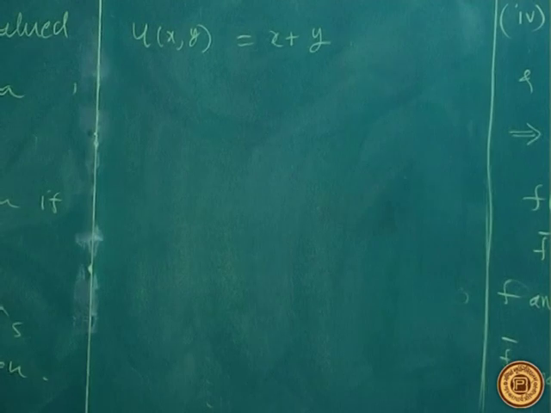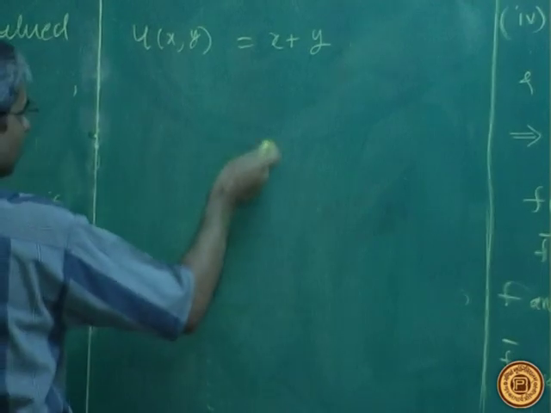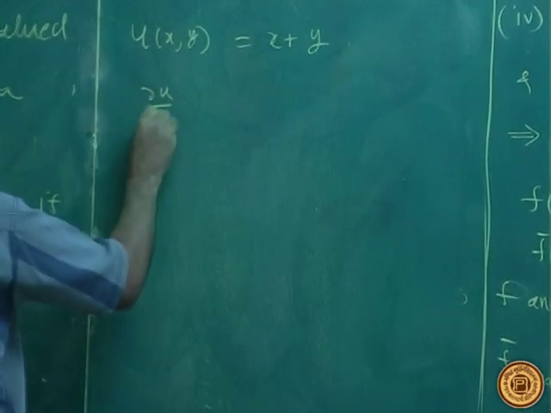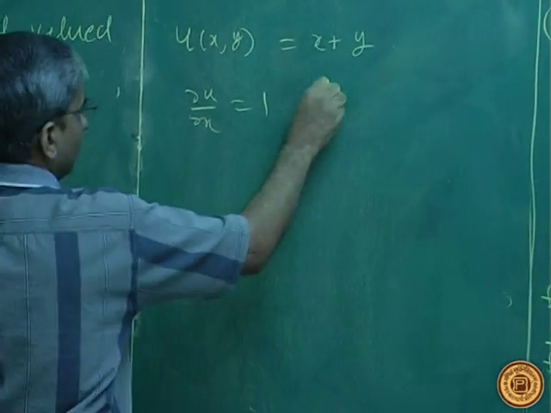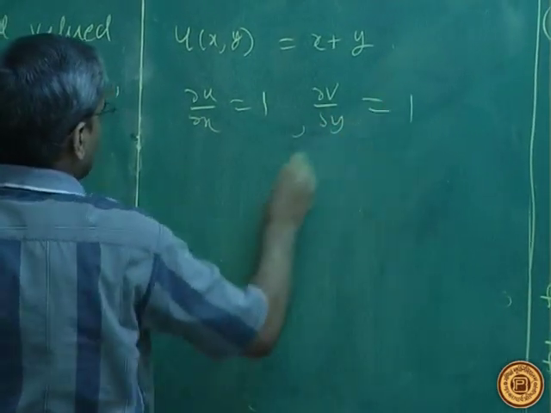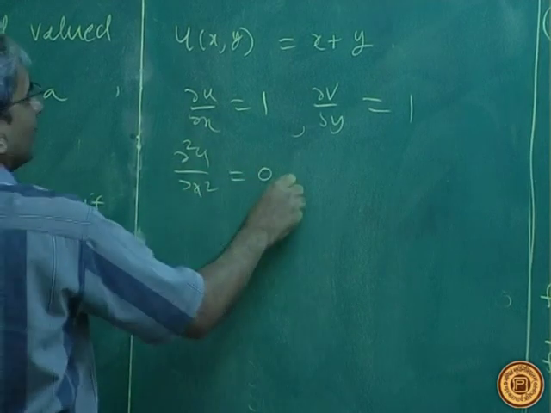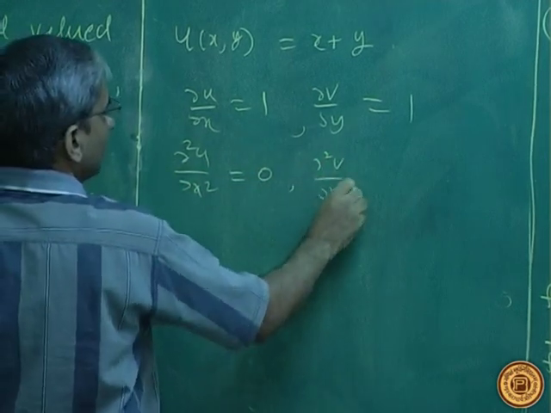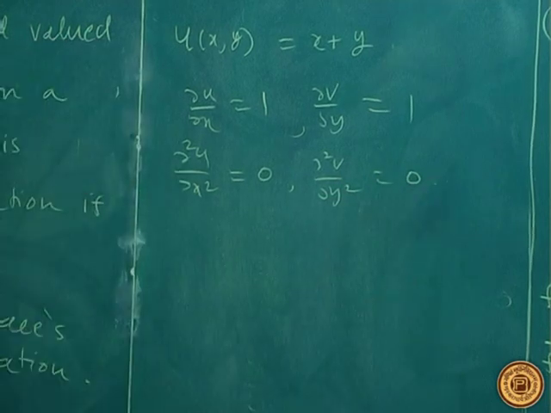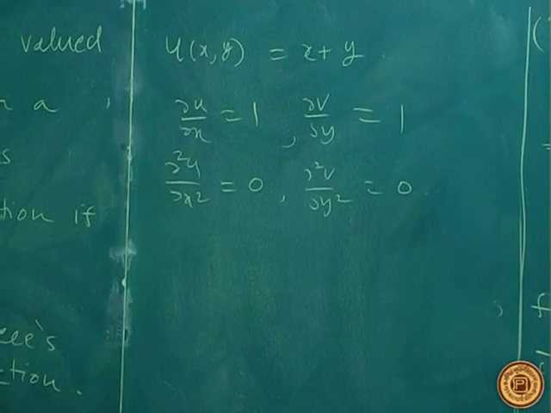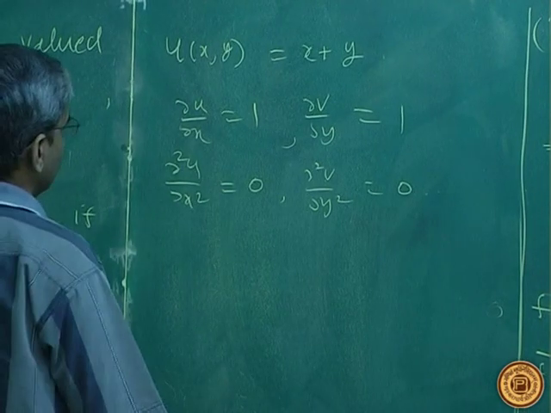Then what is ∂u/∂x? It is 1. ∂u/∂y is also 1. So what is ∂²u/∂x²? That is 0. And ∂²u/∂y² is also 0. So trivially this function is harmonic. So u is harmonic.